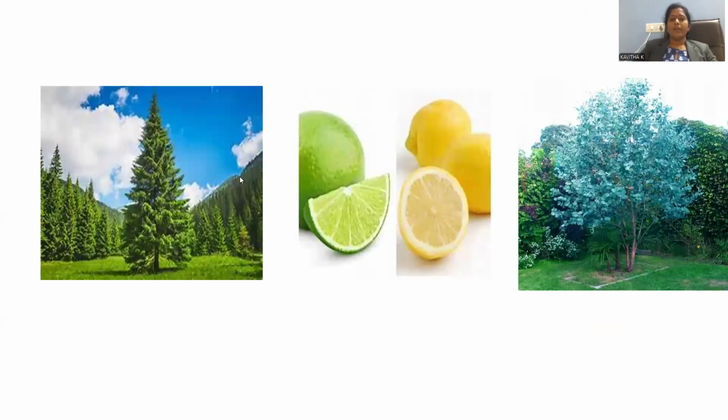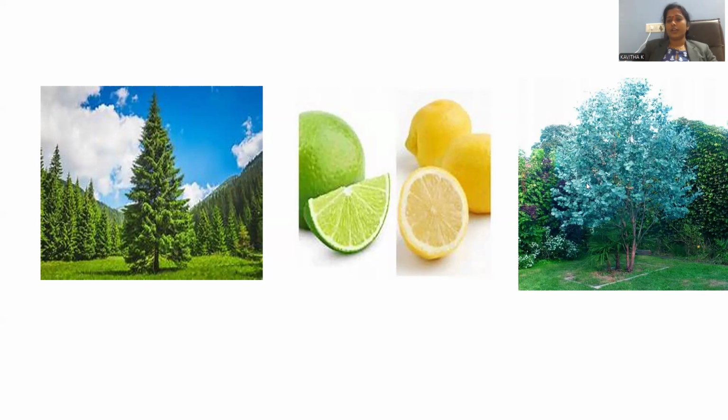Let's go with the plants from which we extract this. Here is the pine tree. Pine trees are coniferous in nature and are found in mountainous regions. Such plantations are more economic for the extraction of alpha terpineol, and from lime it is also possible to extract alpha terpineol. Eucalyptus trees, everybody is aware of this one.